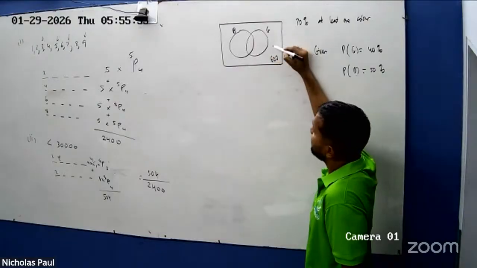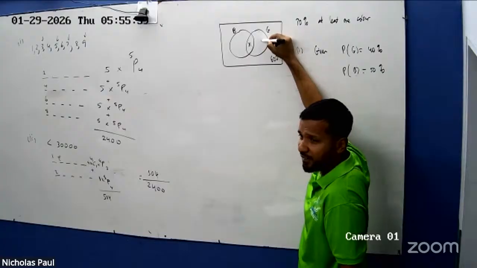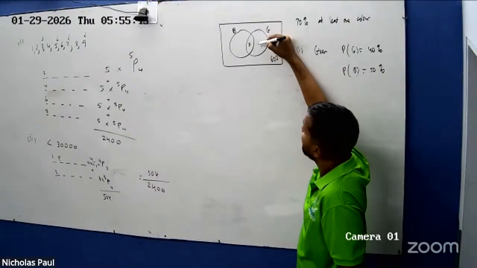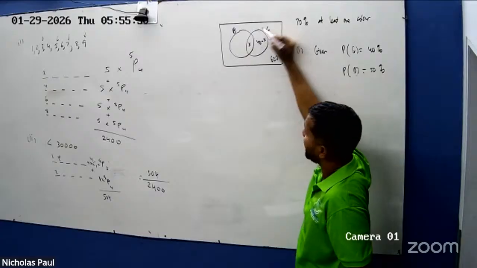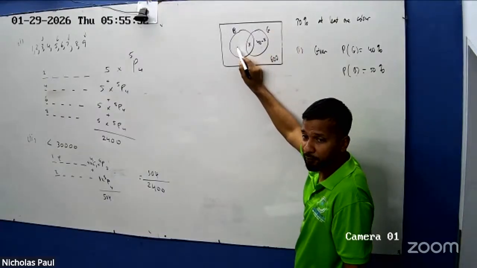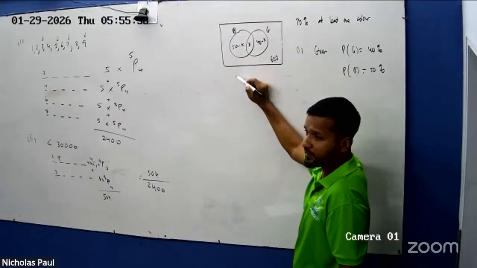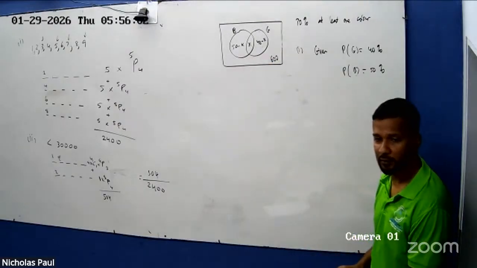So 40 is where? If here's X, we don't know there. How much is here? Anybody remember? If the whole thing is 40, here's 40 minus X. How much is here? 50 minus X. If I were to add up here, here, and here, what would I get? Very good.